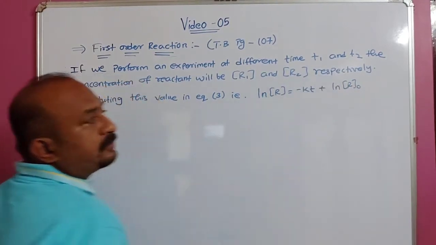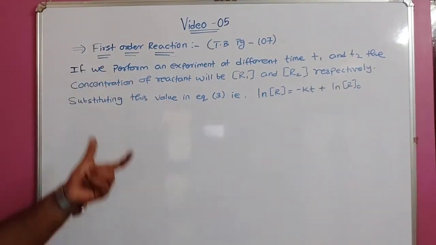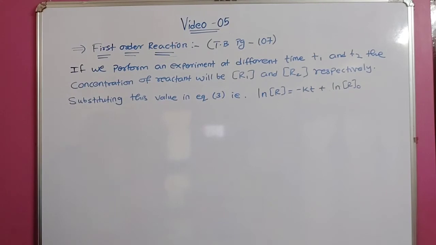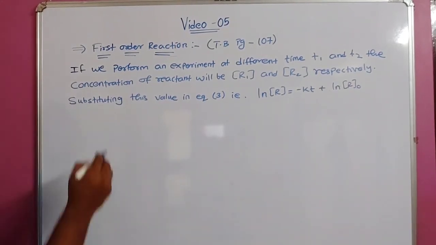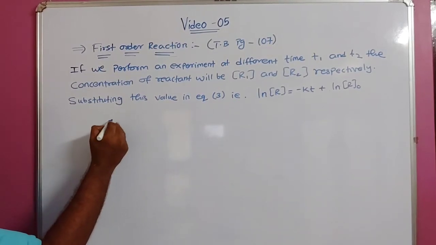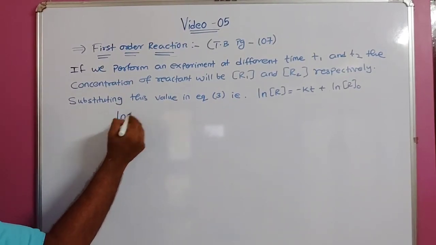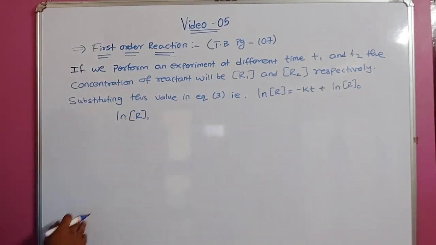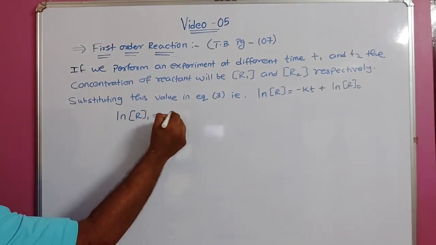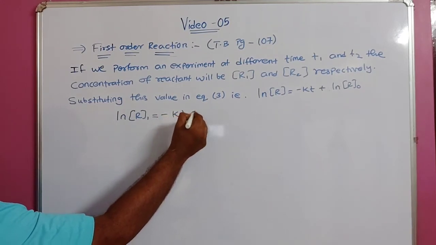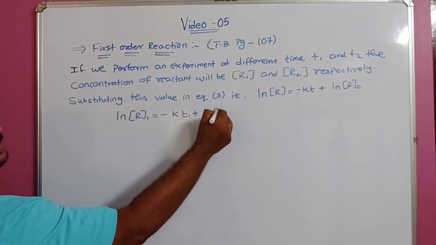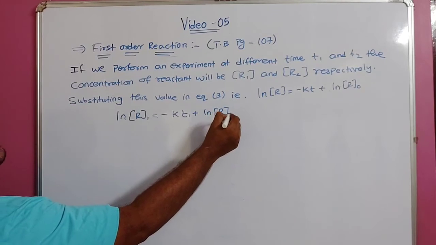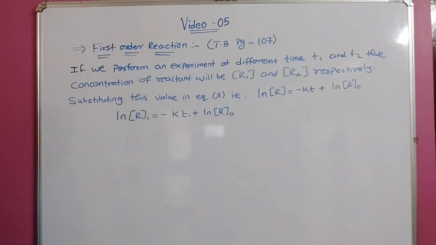So if I substitute the value, you can see ln R1, instead of R I will write R1, will be equal to minus K T1 plus ln R0. Understood?